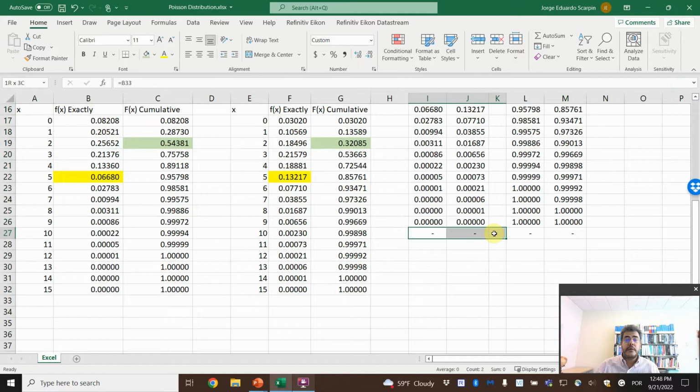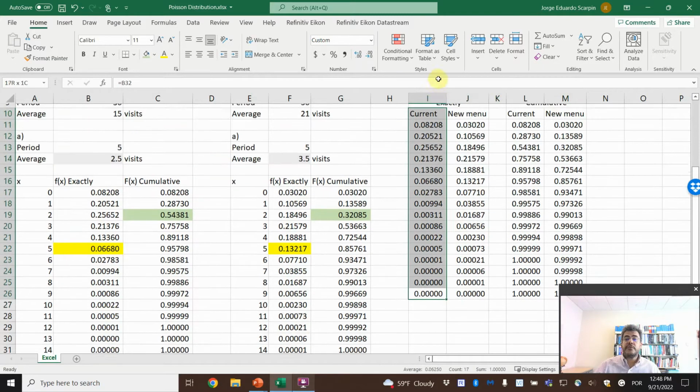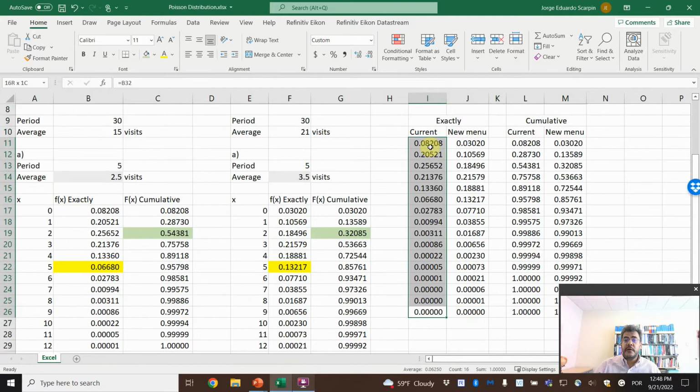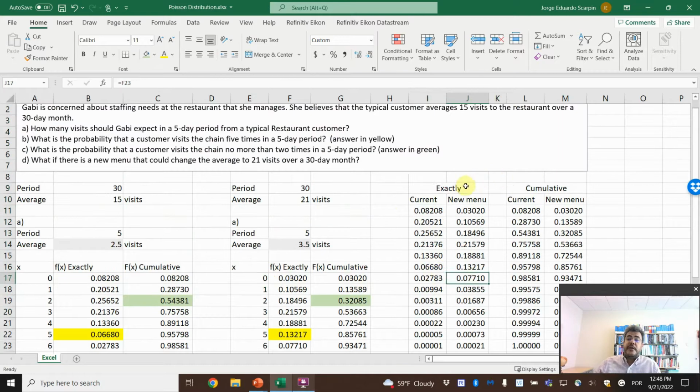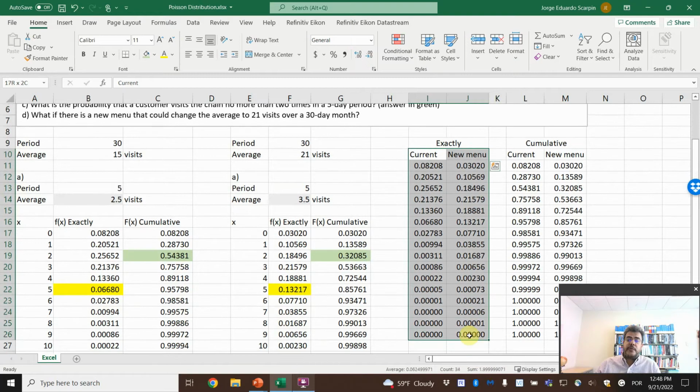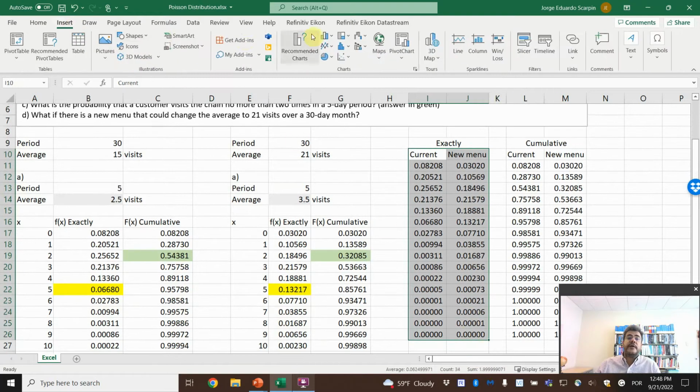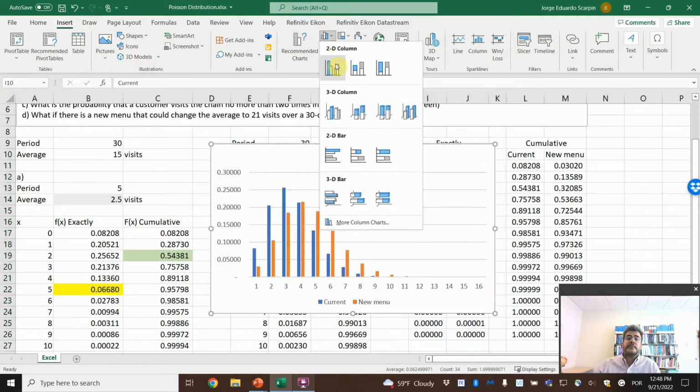So let's double check here. It comes to 16, perfect, because 0 until 15, so it is 16. And then let's see how we chart them. So insert, column.